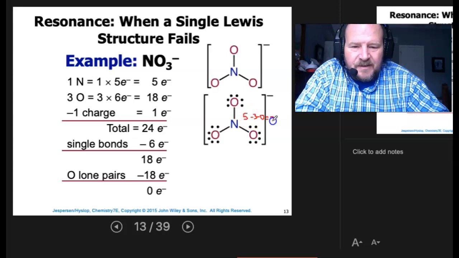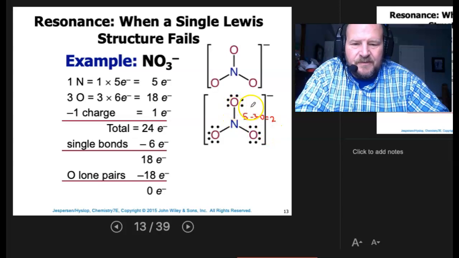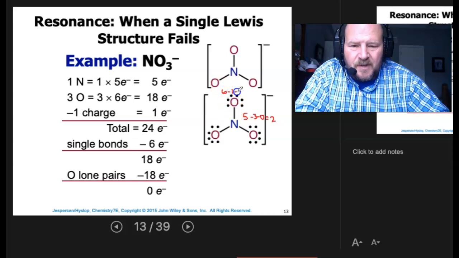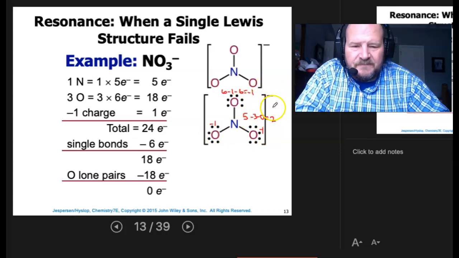So that's going to be a +2. For the oxygens, we end up with 6 minus 1 minus 6, which gives me a -1. So each oxygen would have a -1. If I do it this way, we get -1, -2, -3, +2 would be -1, which is what we have overall, so that should be fine.